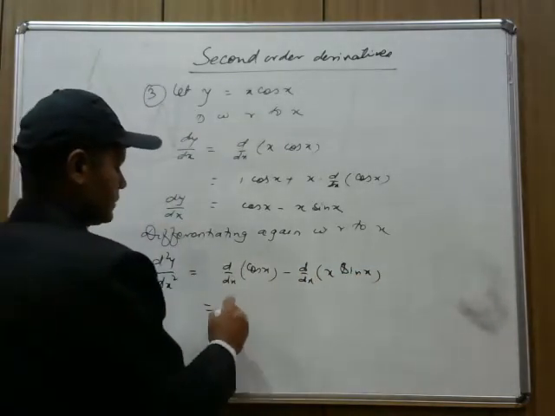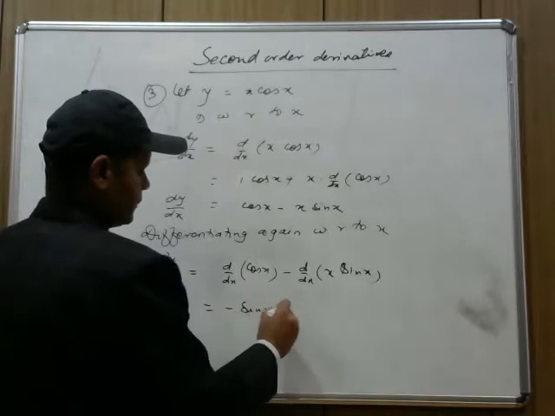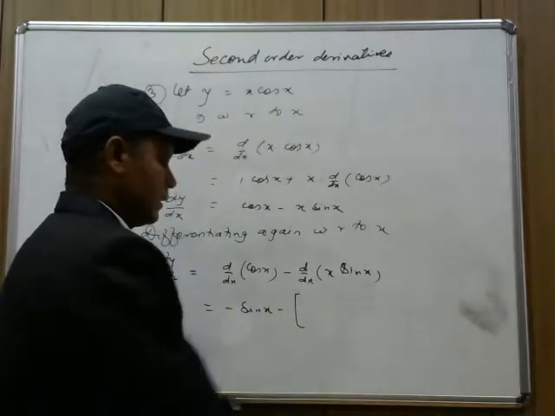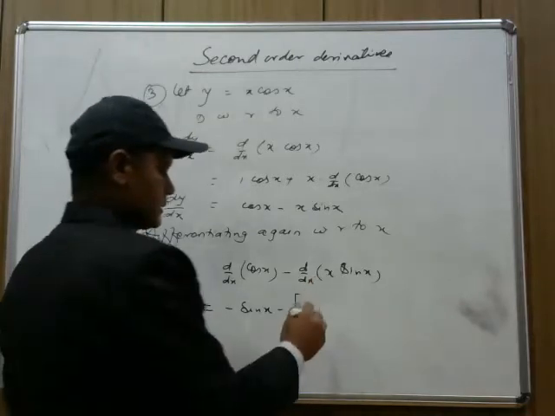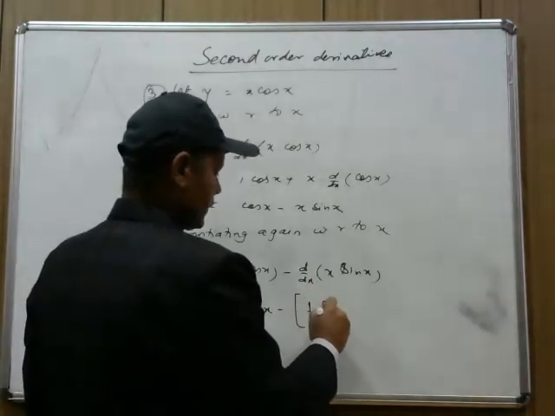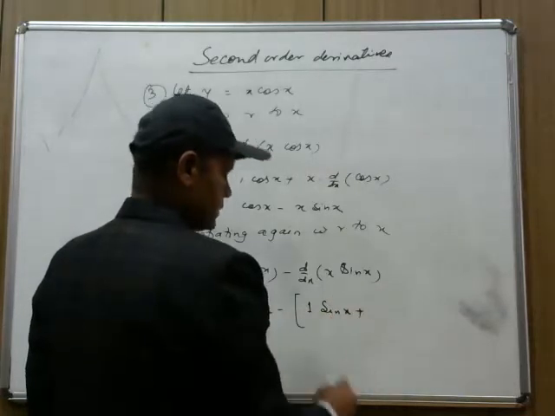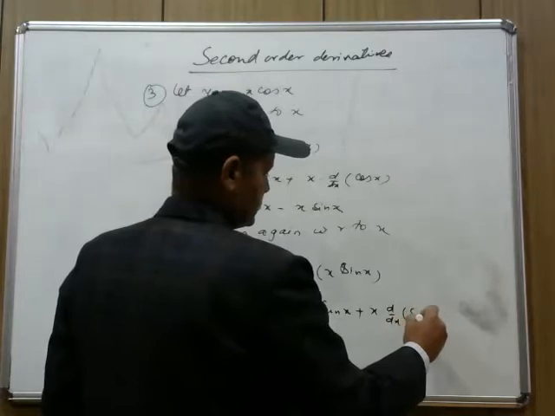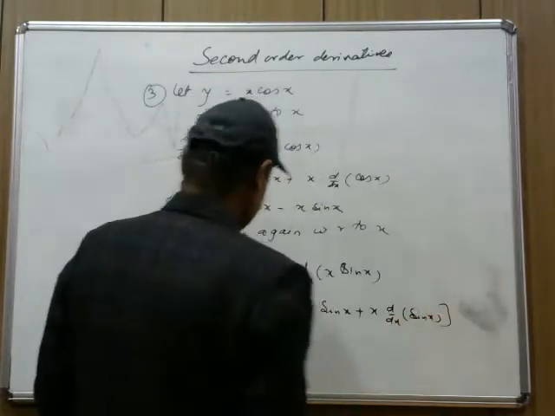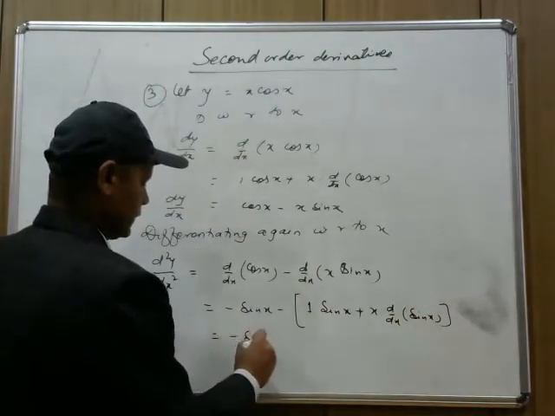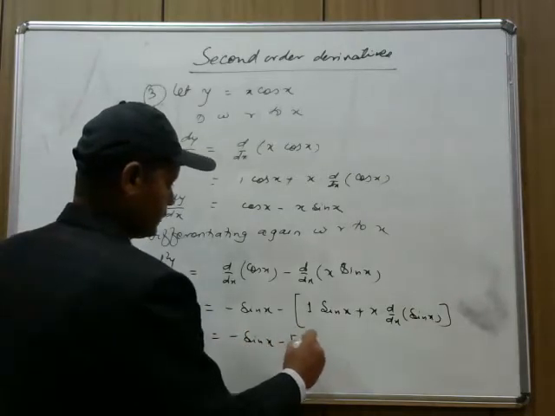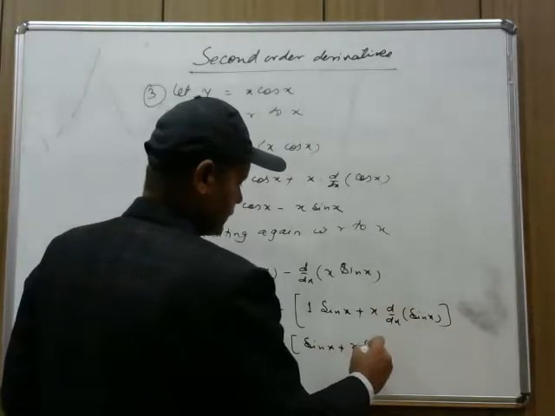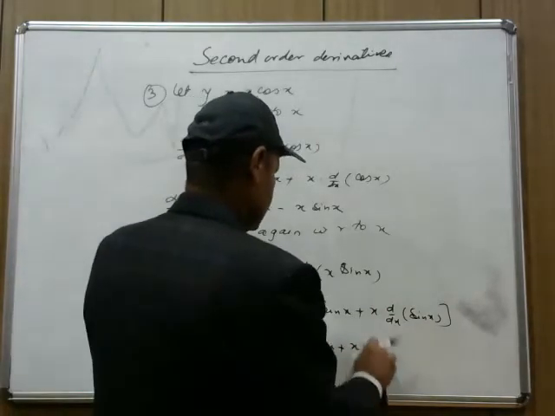Differentiation of cos x is minus sin x, minus. Now here again we will have the product rule. Differentiation of first, x, will be 1 into the second term sin x as it is, plus x into differentiation of sin x. This is like now minus sin x minus sin x plus x cos x.